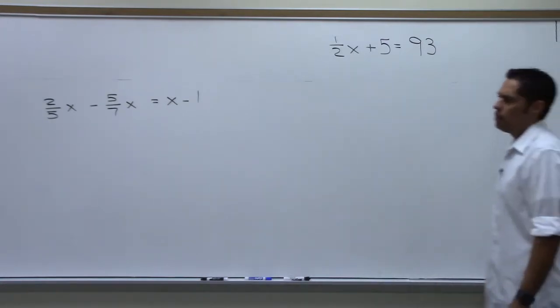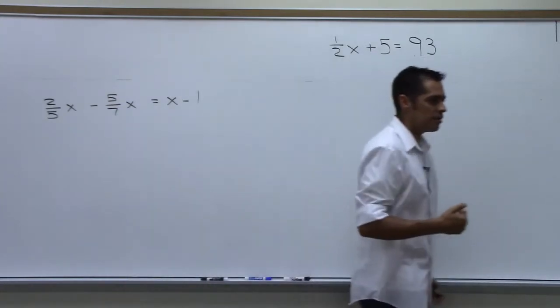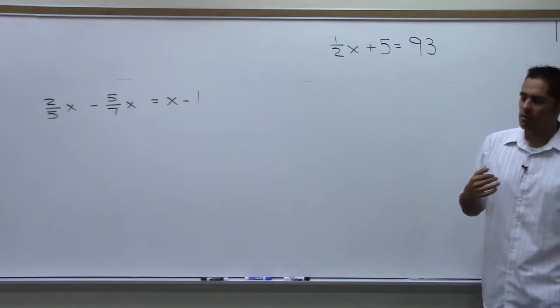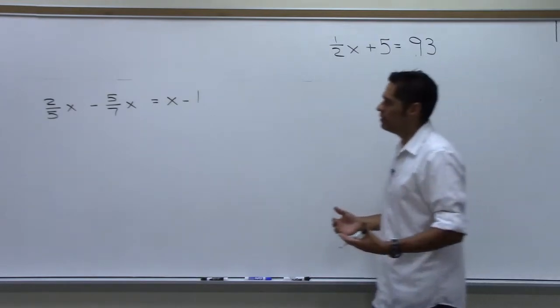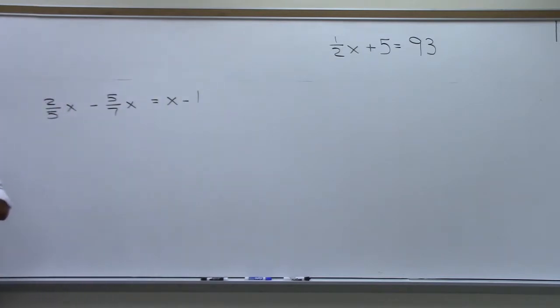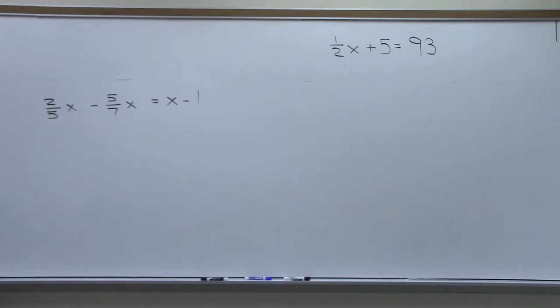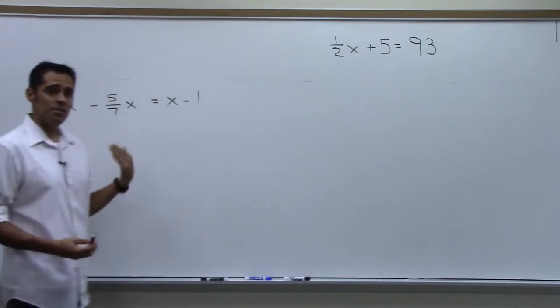Same approach as last time, all right? You don't like fractions. I like them. You don't, that's okay. So if you don't want to work with fractions, when you have equations, you have the ability to get rid of fractions. So you have to find this common denominator and multiply both sides by that.